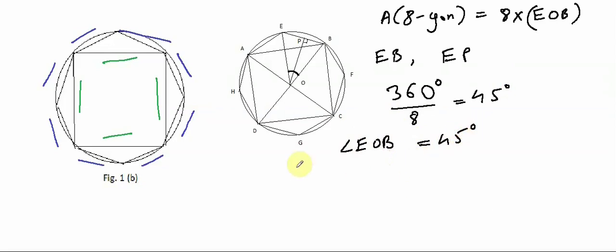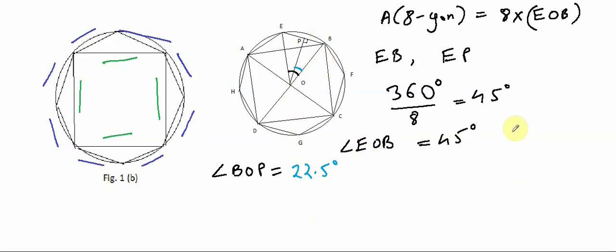and one may show that angle BOP is equal to half the 45 degrees. That is to say, OP bisects angle EOB. So you have 22.5 degrees.